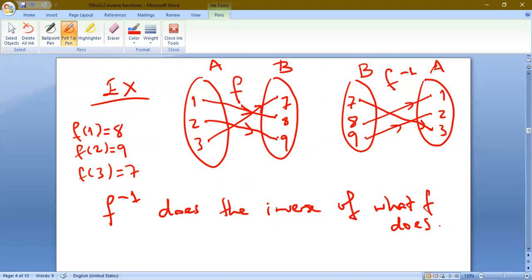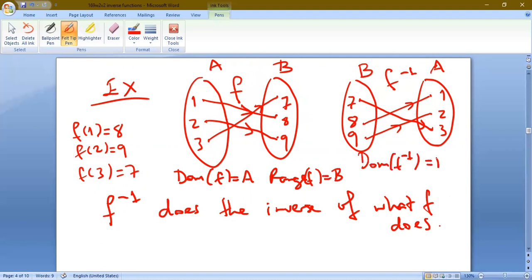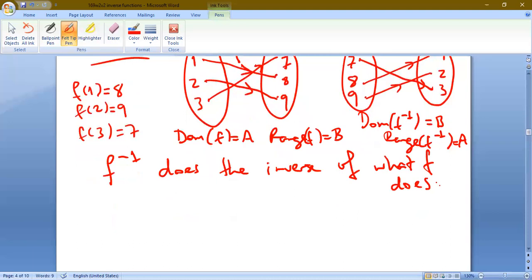And as you see, the domain of f is the set A, and the range of f is the set B. But look at f inverse. The domain of f inverse is B, and as you see, the range of f inverse is just the opposite, A.